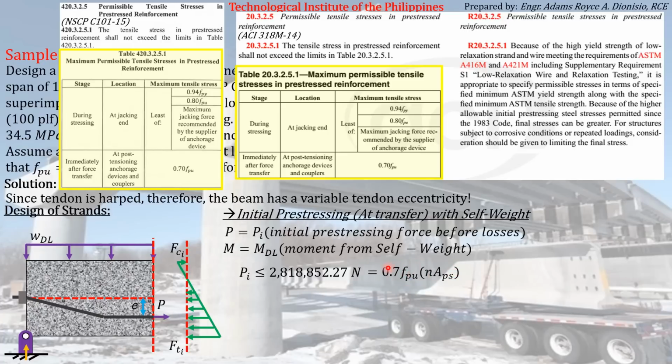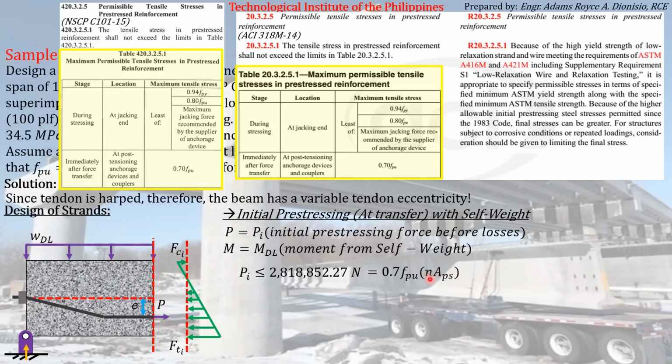And then with just substituting the corresponding values that you are seeing here, FPU is already given on the question. APS is the area of a 1/2 inch diameter standard strand as specified on the property of a 10DT34 section.